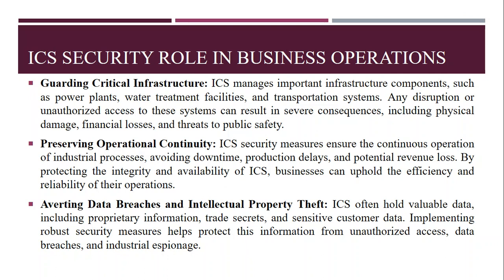Preserving operational continuity deals with the availability and integrity of industrial control systems, which upholds the efficiency and reliability of our operations. It involves looking after industrial processes, like production delays, revenue loss, or avoiding downtimes.